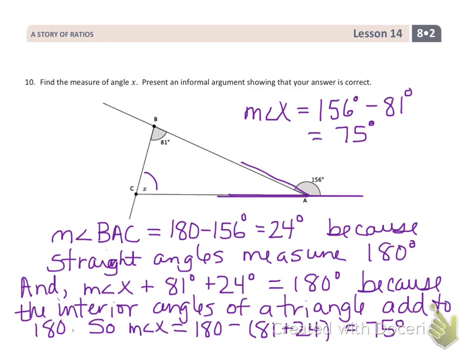Also, the measure of angle X plus the other two angles in that triangle, which are 81, and now we know this is 24, have to add up to 180 because the interior angles of a triangle add to 180. So the measure of angle X is 180 minus the sum of the other two angles, which would be 180 minus 81 plus 24, which would be 75 degrees.